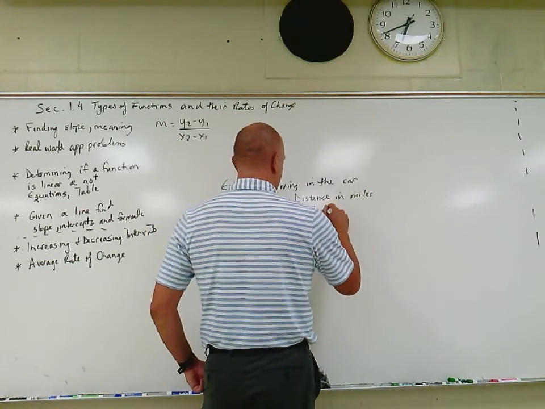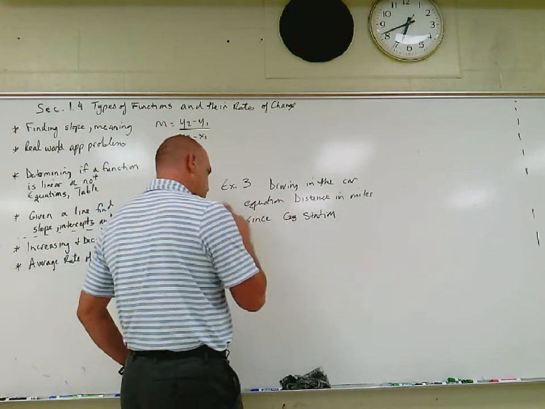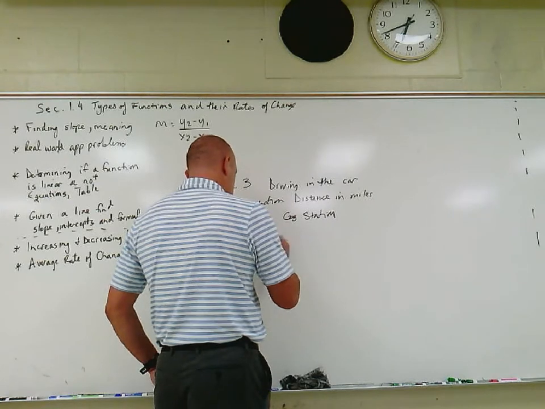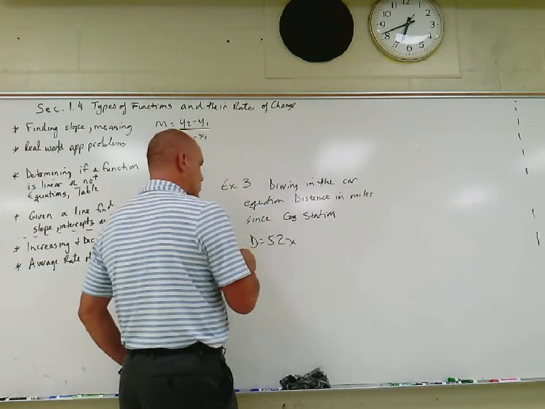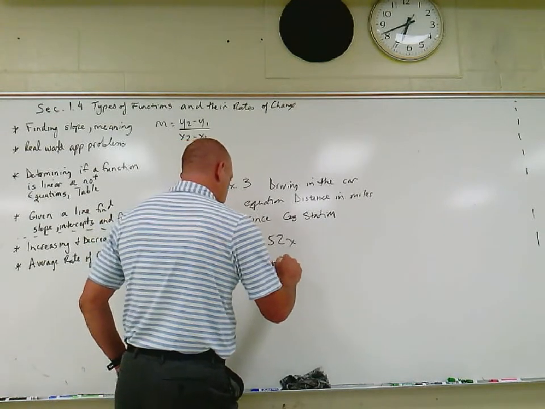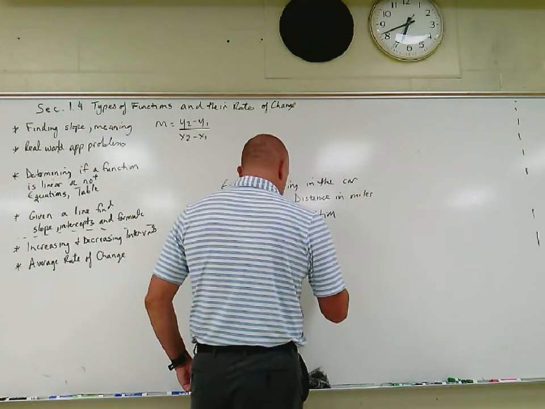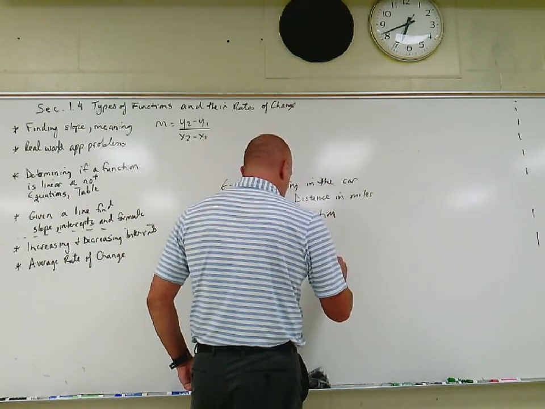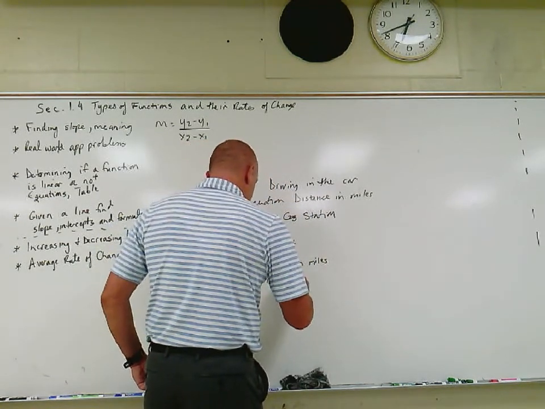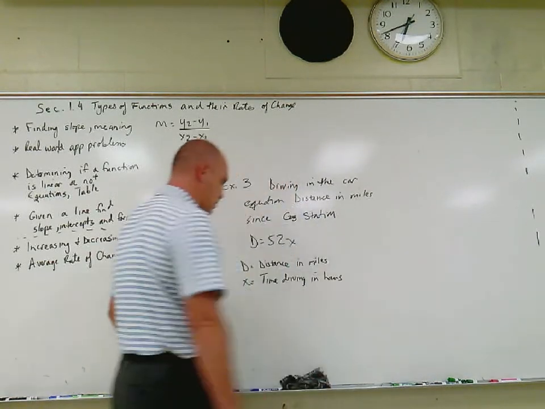All right. So, let's say the equation is this. And so your D is your distance in miles, and your X is your time driving in hours. Okay.